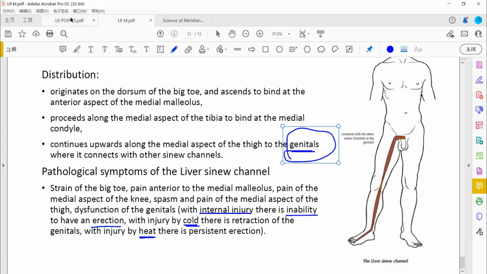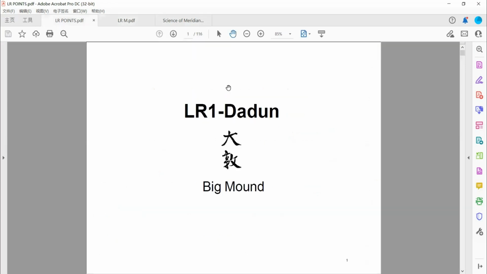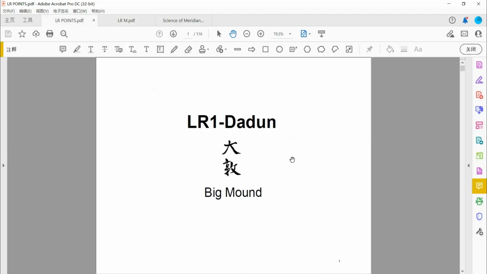Okay. So before we start our points, well, today we have enough time, you can try to recall the function of the liver. What are you doing here? Yeah, recall the function of the liver.